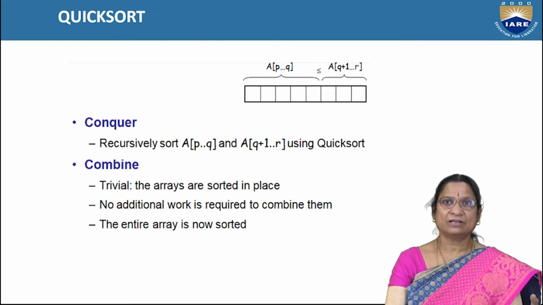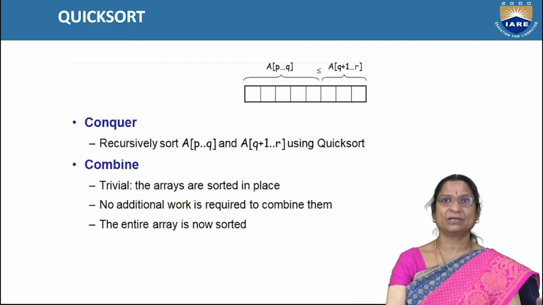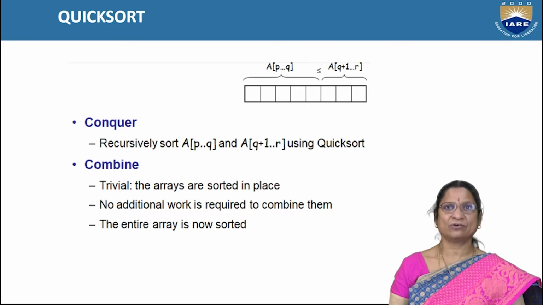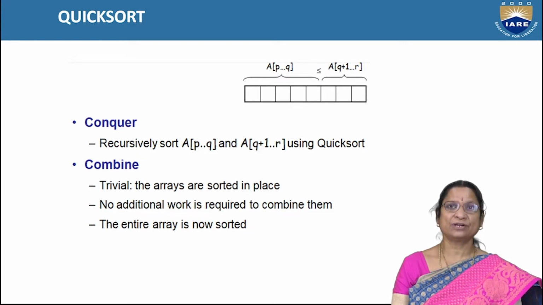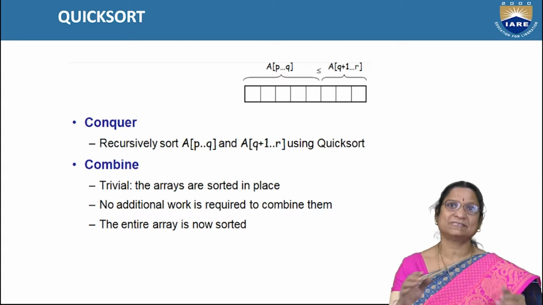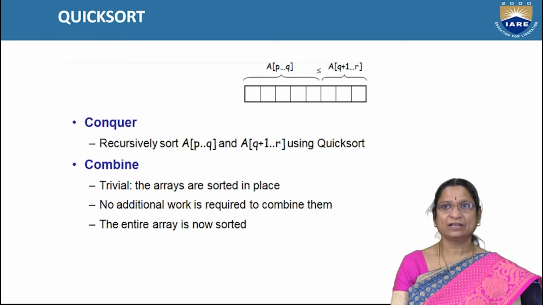No additional procedure is required in quick sort to combine them again, because they are in place. We arrange them in their correct positions so that the elements are already in sorted order. There is no need to recombine the results in quick sort.